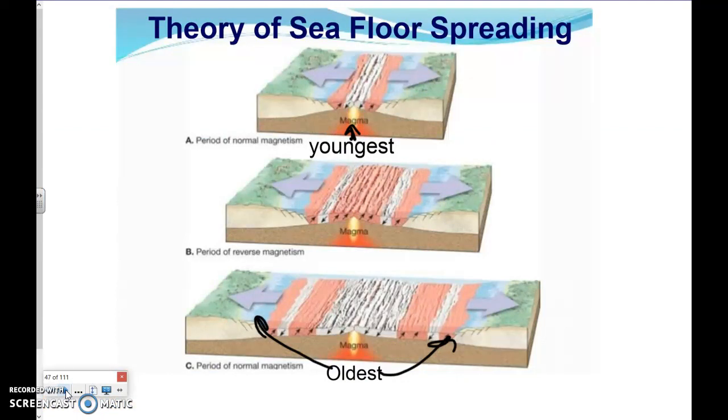This is a picture of something that should be familiar, the theory of seafloor spreading. And there's an extra video on NEO for you to look at. The theory of seafloor spreading says that at the center of the ocean is a ridge where magma is allowed to come up through where two plates are moving apart, and it actually helps push them out.